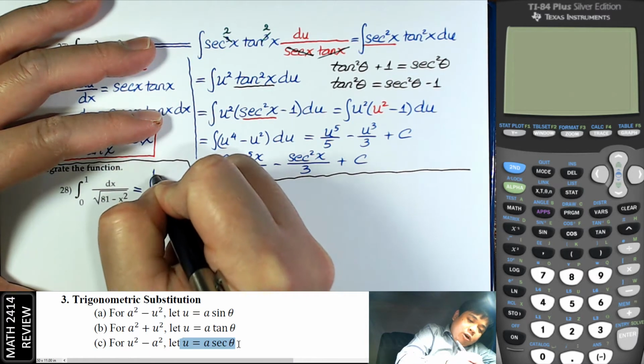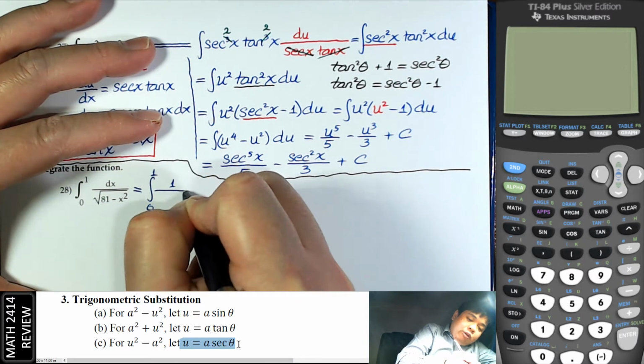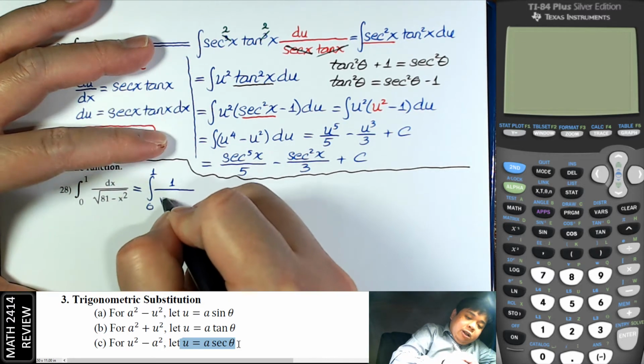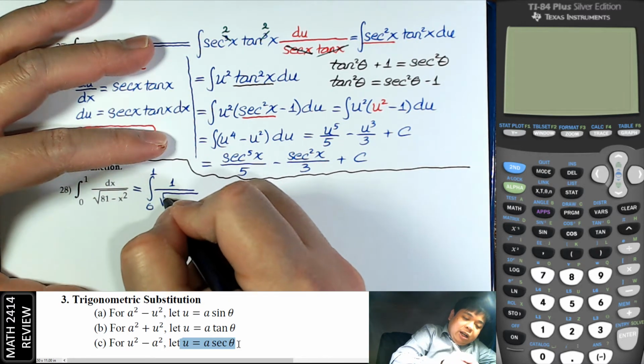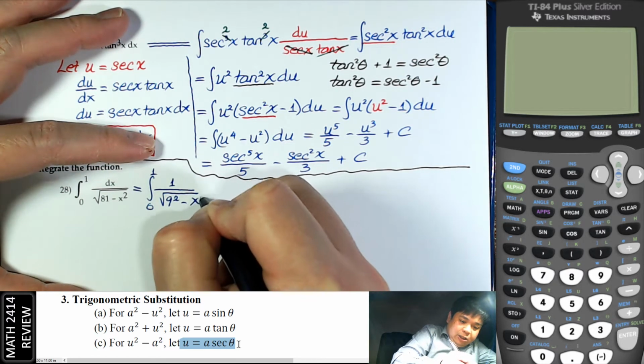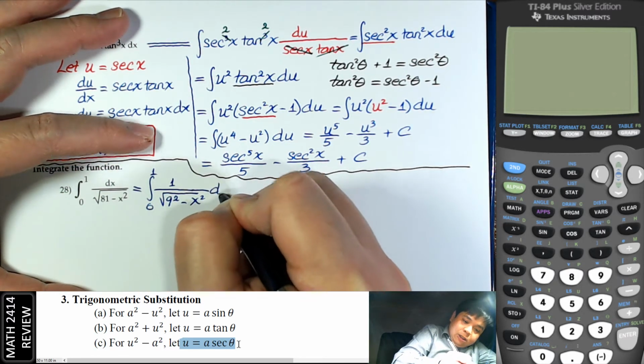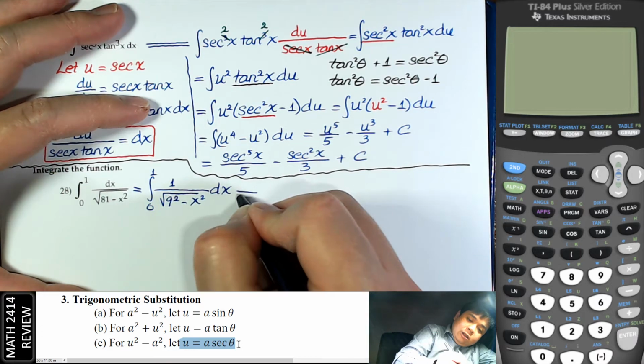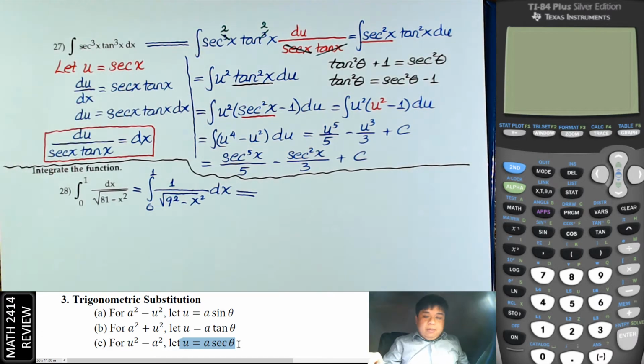From 0 to 1, I prefer to put the dx at the back, and 81 I can write as 9 square. Right, now the substitution.